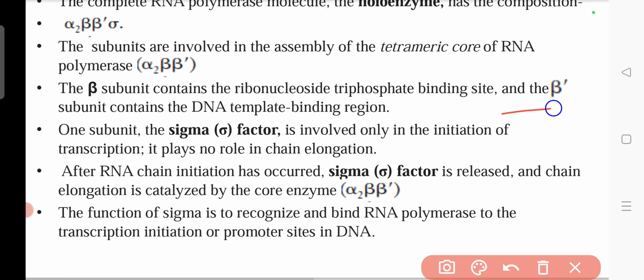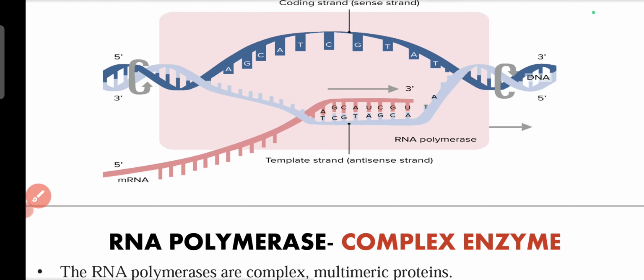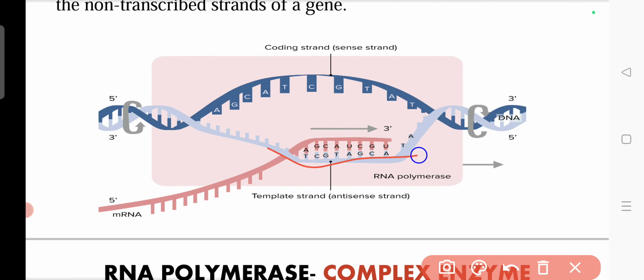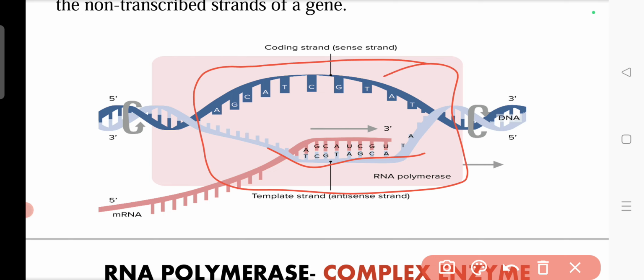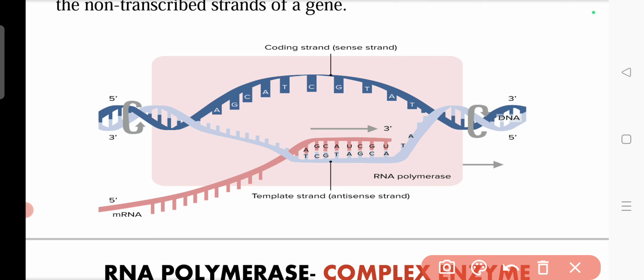Likewise, the beta dash subunit contains the DNA template binding region. Here is the DNA template, and this entire RNA polymerase is a complex: RNA polymerase together with the DNA template and the newly synthesized messenger RNA molecule are bound together, and this is the DNA binding site.